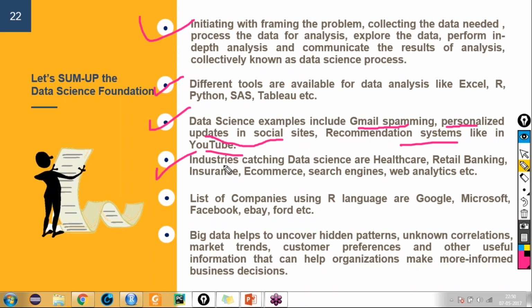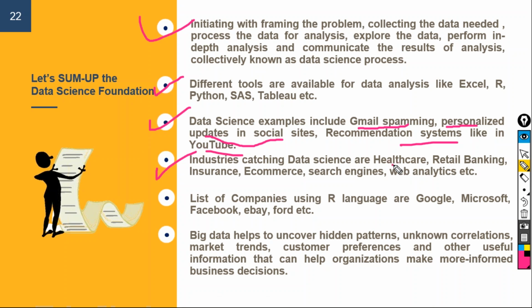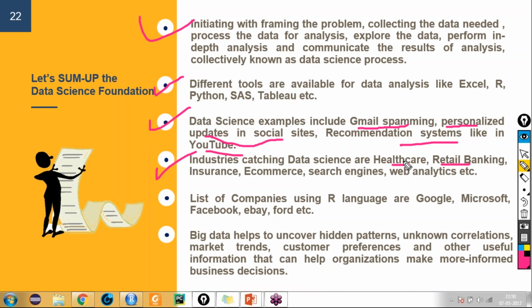And then we have industries catching on to data science. There are a lot of different industries, as we have discussed, namely healthcare, retail banking, insurance, e-commerce, then search engines, web analytics, and a lot more.